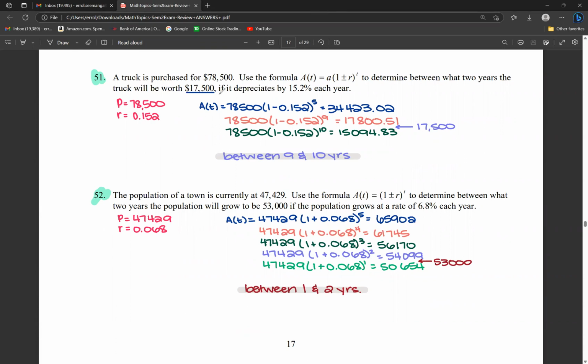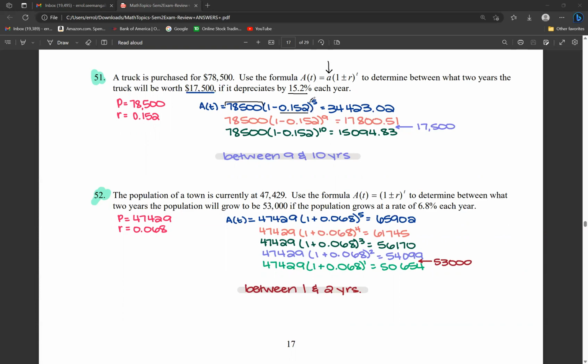Okay, so let's see here. Initial price is this 78.5. So stick your 78.5 right there. And then 1 minus the depreciation rate, so it's going to be 1 minus that depreciation rate.